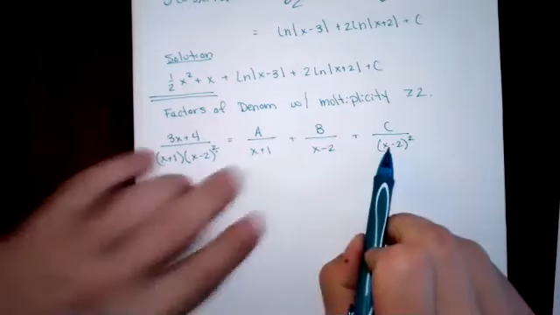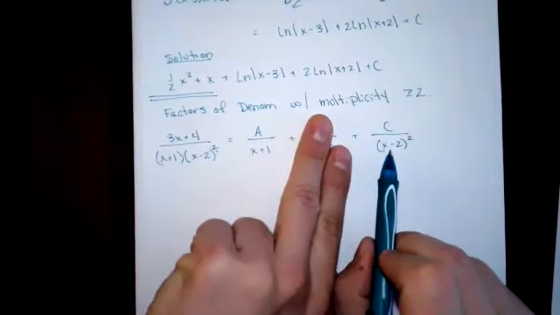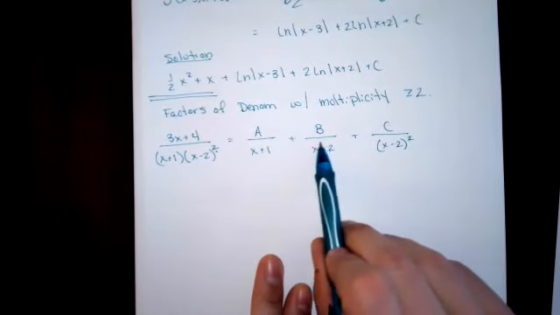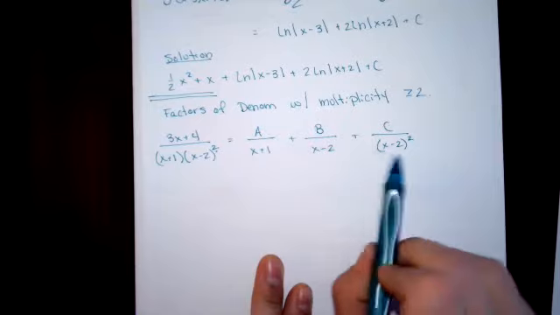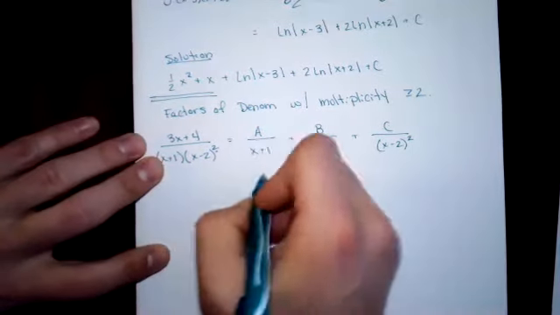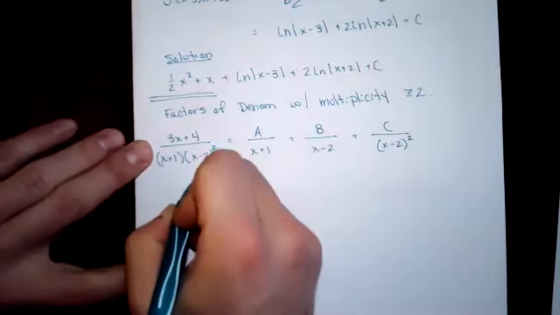Instead, we could have just ignored this x minus 2 as a linear factor and just had it as the way we should have done.